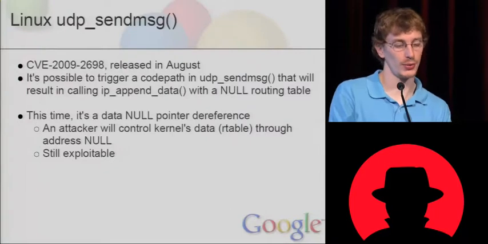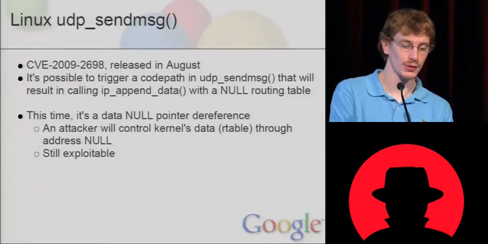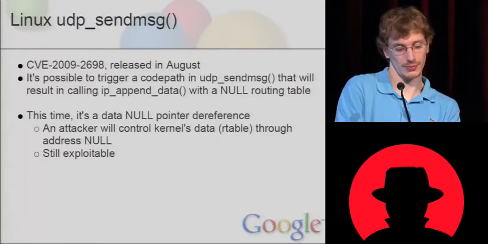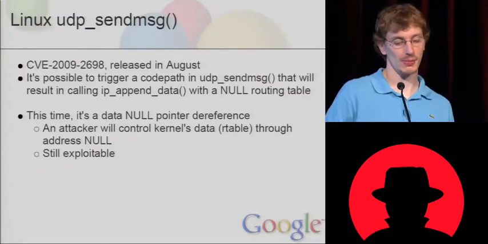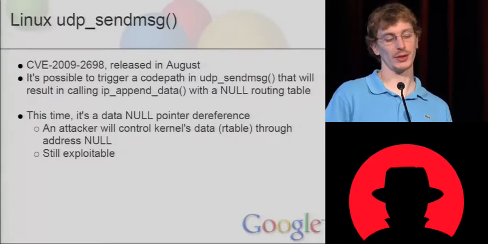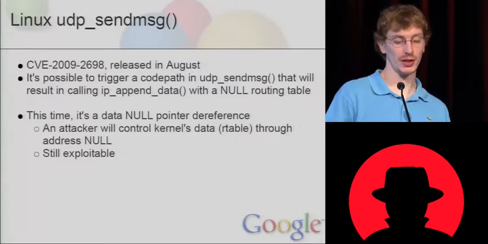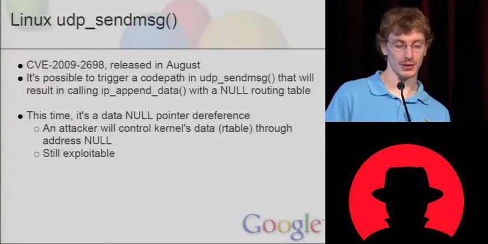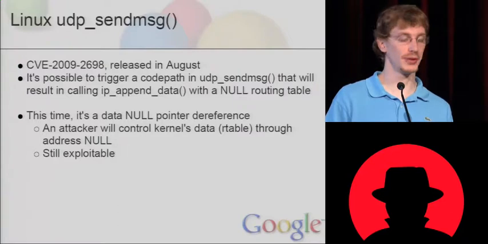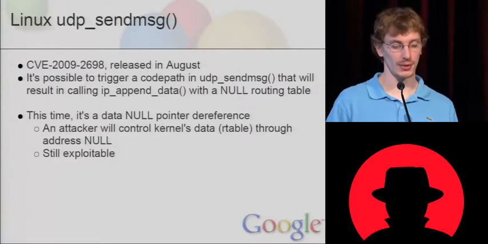Shortly after that, we found another one, which was not as bad, but way more complicated. We found out that it was possible to trigger a special code path in UDP sendmsg that would result in calling a function called ip_append_data with a null routing table.